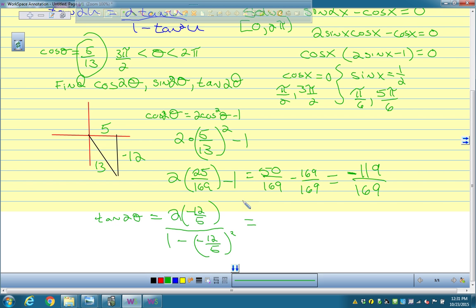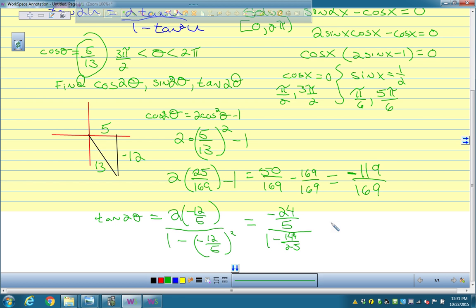Which gives you, on the top, negative 24 over 5, and on the bottom, 1 minus 144 over 25. And if you do that, this is 169.